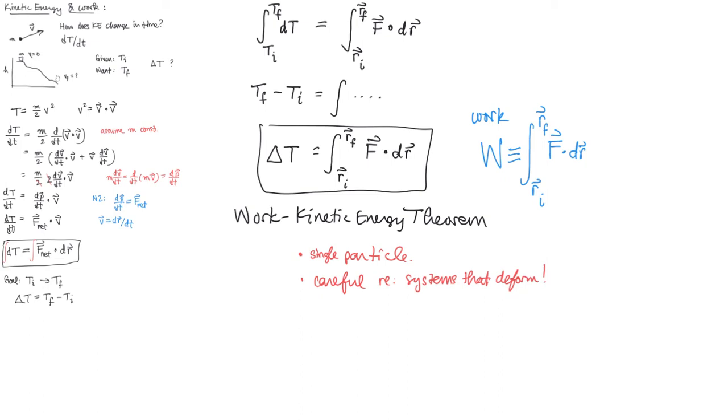And we'll talk about those more in the future. In other words, in general, the work does not go 100% into kinetic energy. So when you do work on a system, that doesn't necessarily mean all of that work goes into kinetic energy. In this derivation, it does, but we're talking about a single point particle that cannot be deformed.